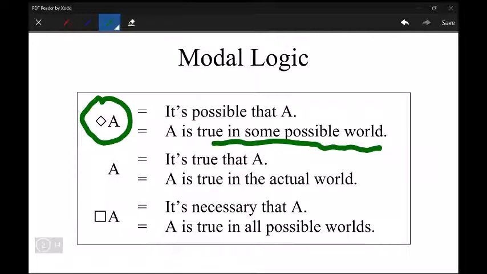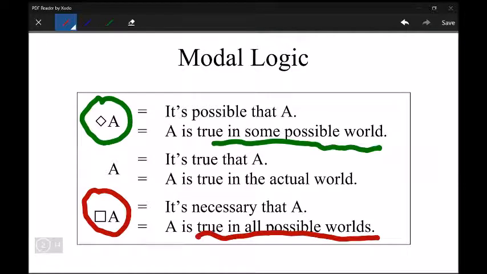Probably not a real exciting story, but, well, there you go. Necessary is a very strong claim. It says not just that the thing is true, but that it has to be true. So possible is weak, and it doesn't even say it's true, and necessary is a very strong claim. Another way of saying necessary is true in all possible worlds.